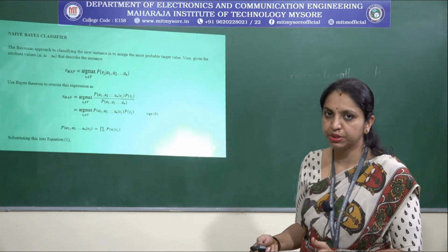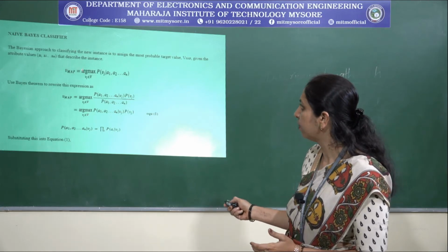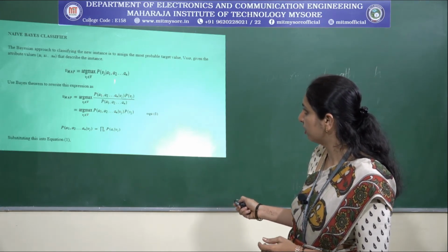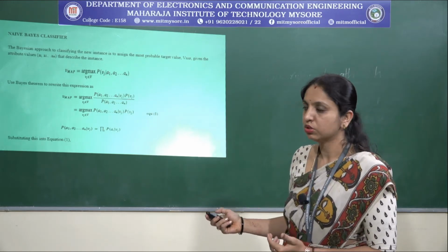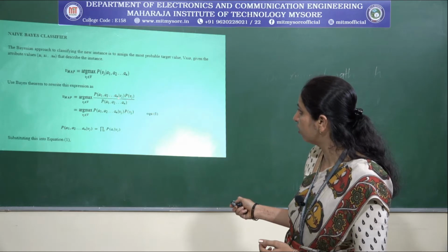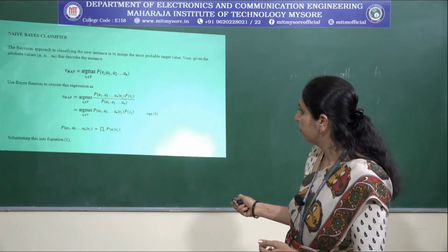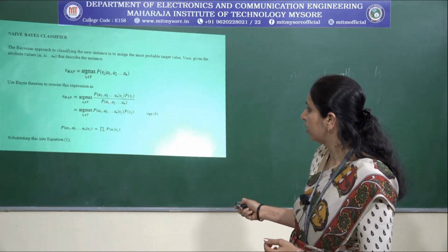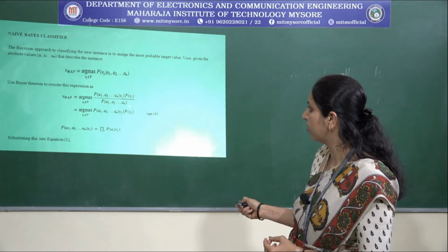We replace this posterior probability with a conditional probability: the probability of A1, A2, up to An given Vj, multiplied by the prior probability of Vj, and in the denominator the probability of A1, A2, An.